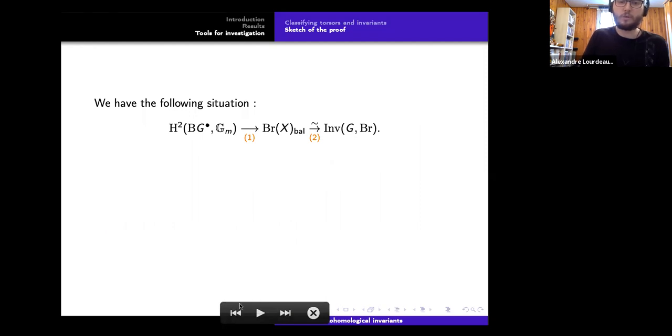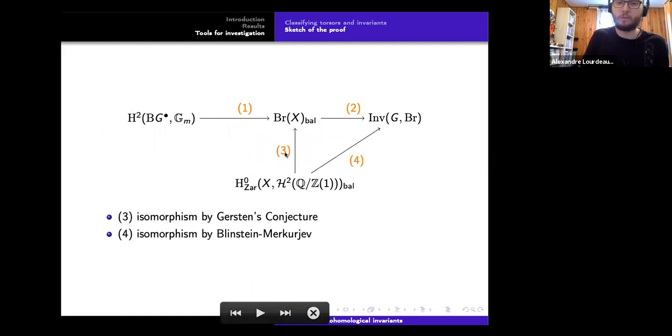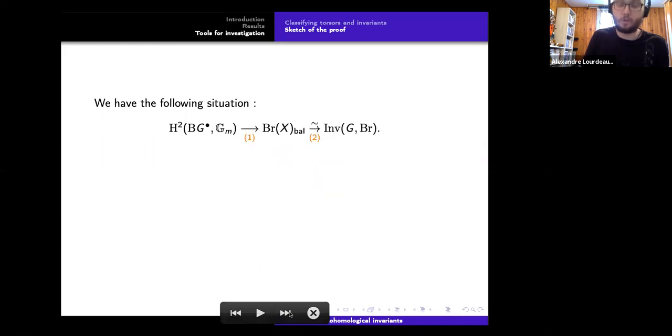So we are in the situation where the map from H2BG point to Brauer X to the group of Brauer invariants is an isomorphism here, because 3 and 4 are isomorphisms. To get the theorem with the extension group, we need to evaluate H2 and show that 1 is an isomorphism.